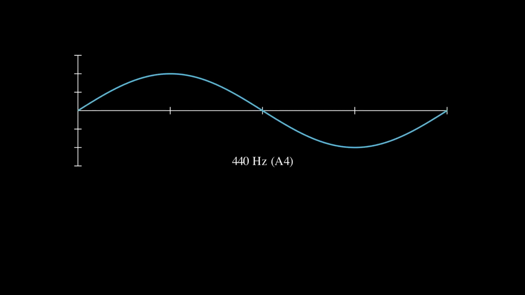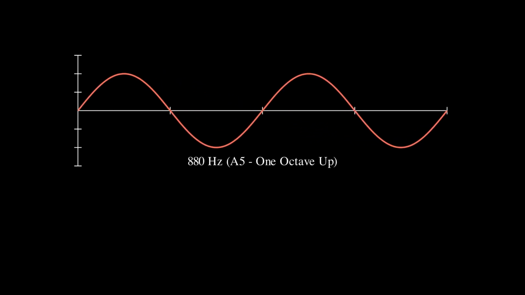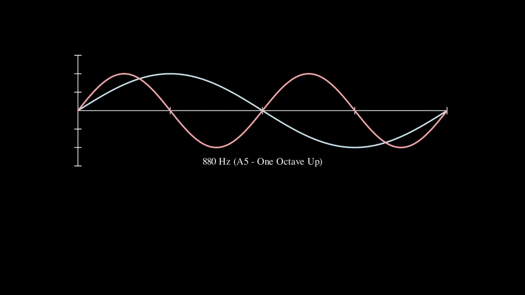We say a note is one octave above another when its frequency is exactly twice as high. So, if a note vibrates at 220 Hz, the same note an octave higher vibrates at 440 Hz, and an octave above that, 880 Hz. Each octave is a precise doubling of frequency.